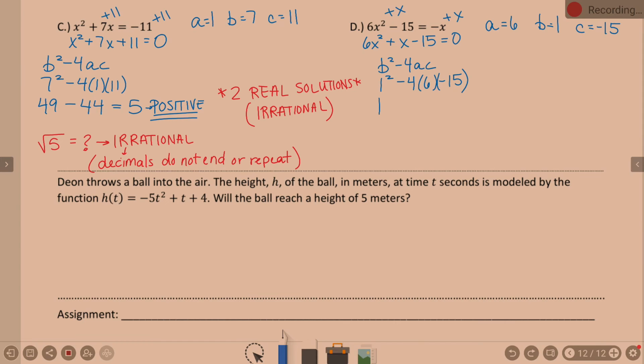Well, I personally see a minus 4 times a minus 15, which means my brain says I know it's going to be positive. I know 4 15s is 60, and 60 times 6 is 360. What is 1 plus 360?